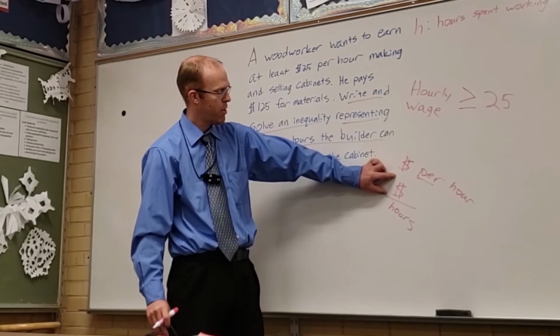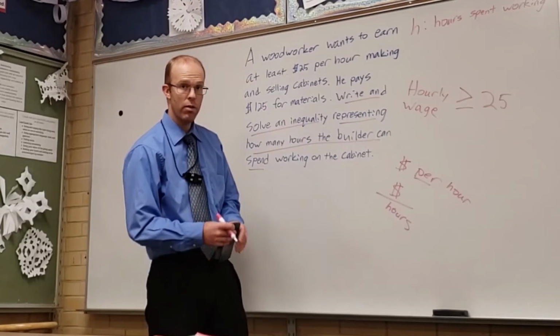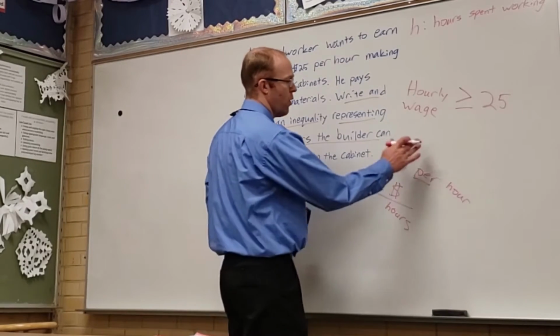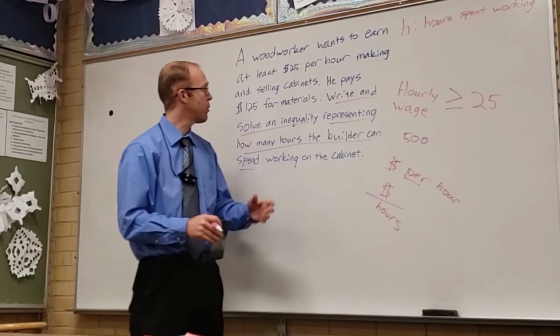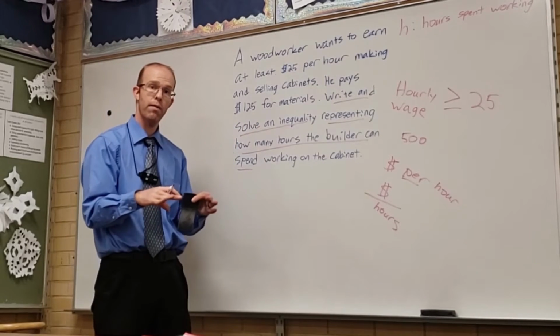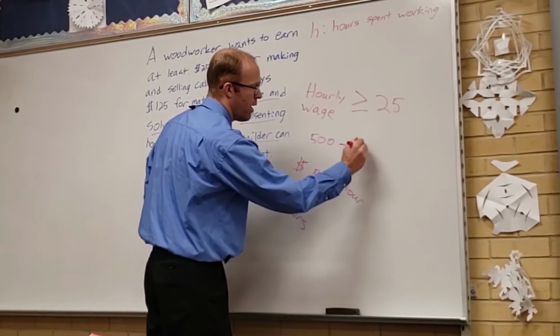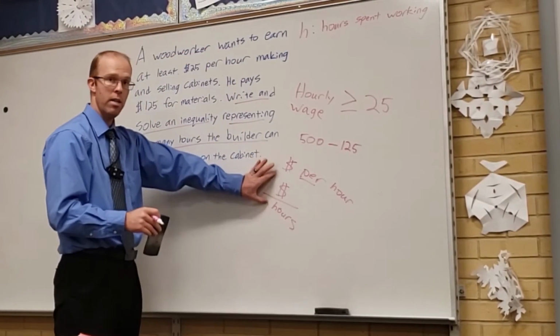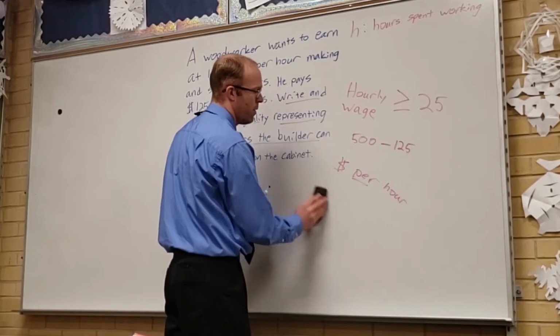Now let's take the information and figure out what our profit is. We know that the cabinet cost $500 from the picture. So that would be 500. But we also know that we spent $125 for materials, so that is going to take away from our total profit. So we have 500 minus the 125. That is the amount of money that the cabinet maker will make when they are finished.